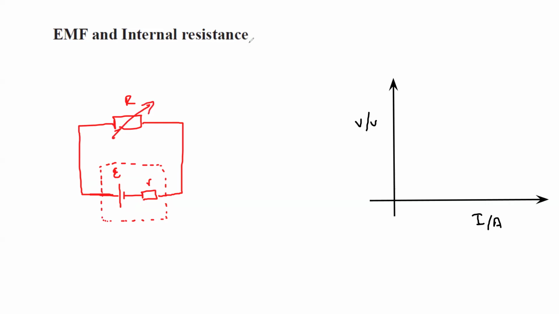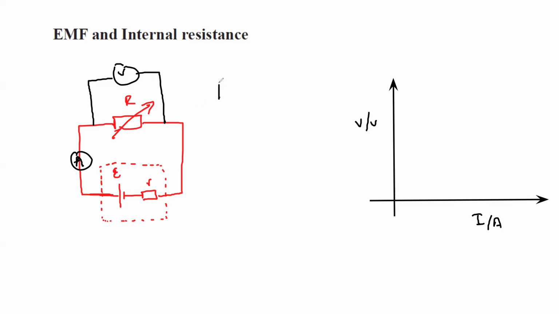And we connect a voltmeter. It can be connected here as well, it will not make a difference. I can connect a voltmeter here, or across the variable resistor. It's the same thing. And we connect an ammeter at this point.